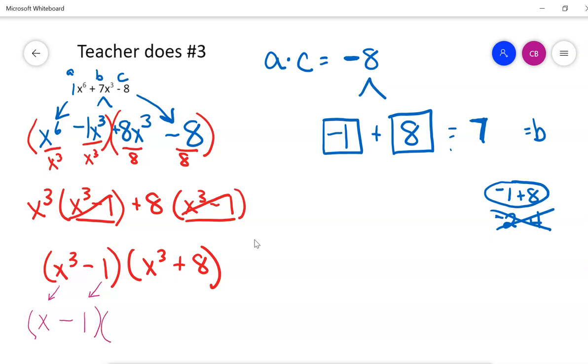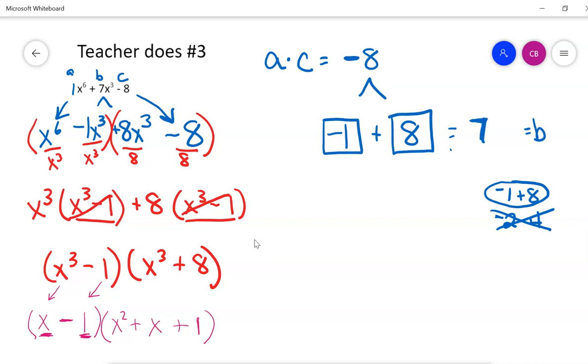So I write that, and then I need to write the other factor. I have a minus here, so I'm going to put a plus and a plus. We're going to square the x and put it here. We're going to square the 1 and put it here. 1 squared is still 1. We're going to multiply x times 1 and put it in the middle. So that's how that part will factor.